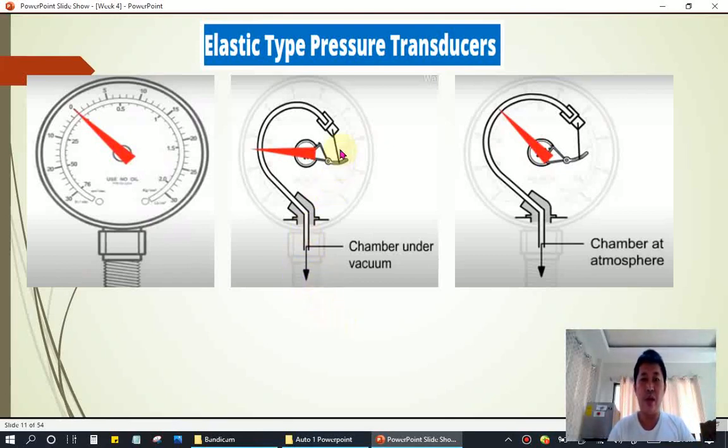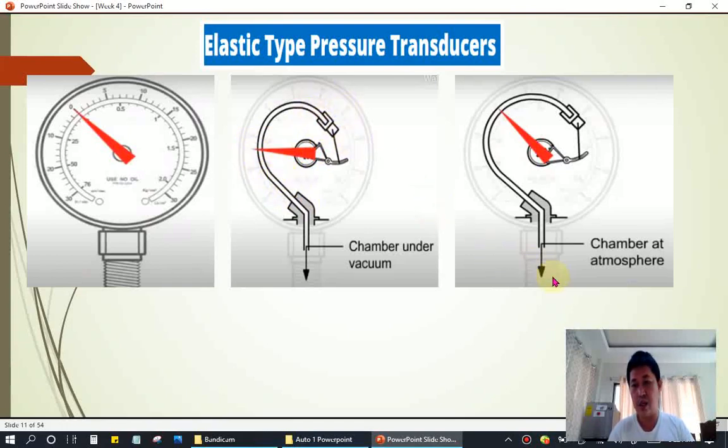When the pressure is in vacuum, or the suction pressure, this elastic material is moving and the pointer is deflecting towards negative pressure.